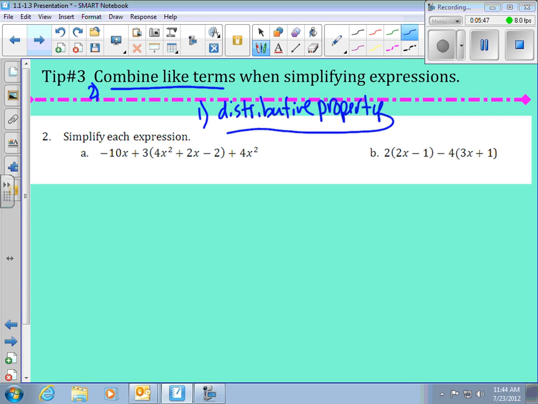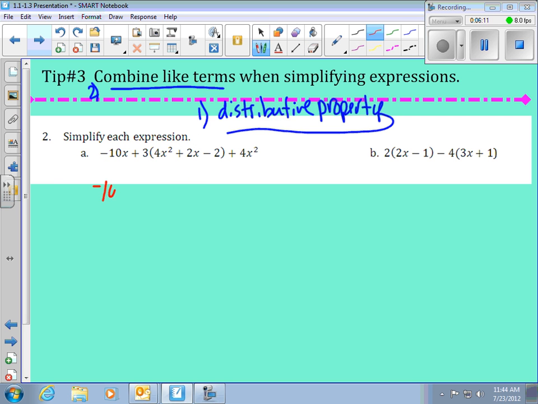Examples of like terms would be, in this problem, negative 10x and 2x. But I can't add them together right now because this 2x is in the parentheses. So I got to get rid of the parentheses by distributing this 3 through my quantity here. So that's what we're going to do. Get rid of the parentheses first by using a distributive property, and then combine like terms.